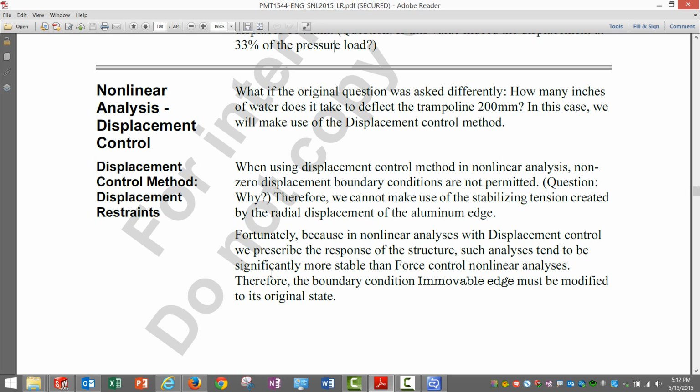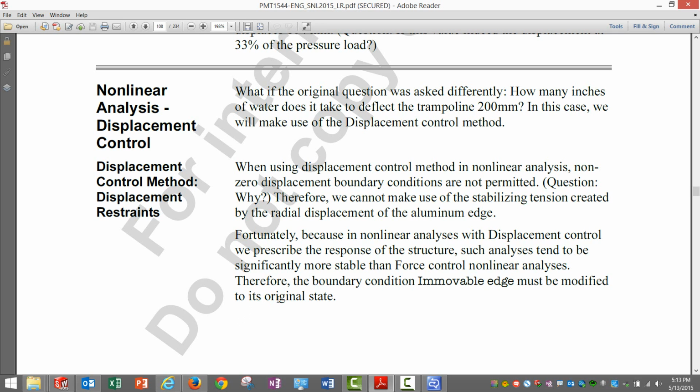Now here a different problem comes in, wherein we cannot apply that initial stretch of 0.25 millimeters because this particular solver does not allow giving force displacement. So typically all the displacement should be 0 in this analysis.